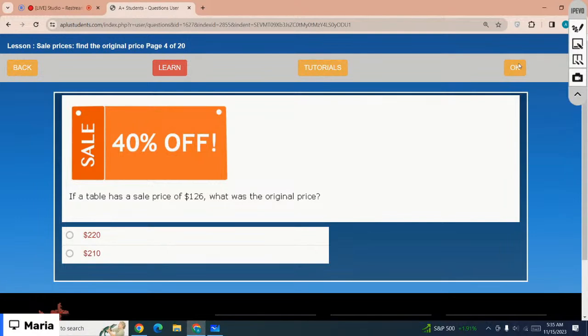Which is the correct option? Yes, the correct option is $210, right? Yes, that would be $210.